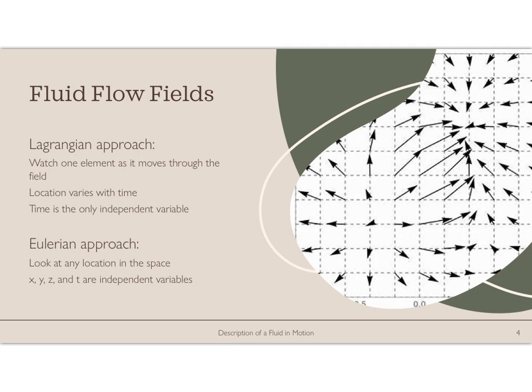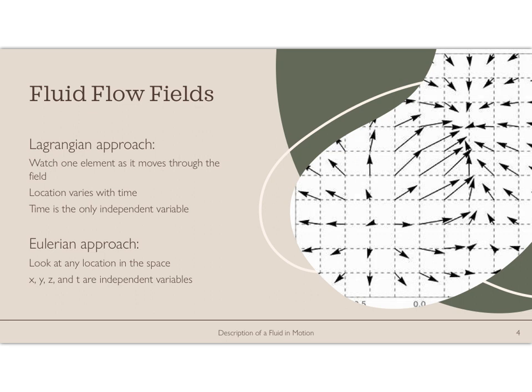There are 2 basic approaches for analyzing fluid flow fields. We have the Lagrangian approach, where you watch one element as it moves through the field, and the location is going to vary with time. Time is the independent variable, not X, Y, and Z, time, okay?